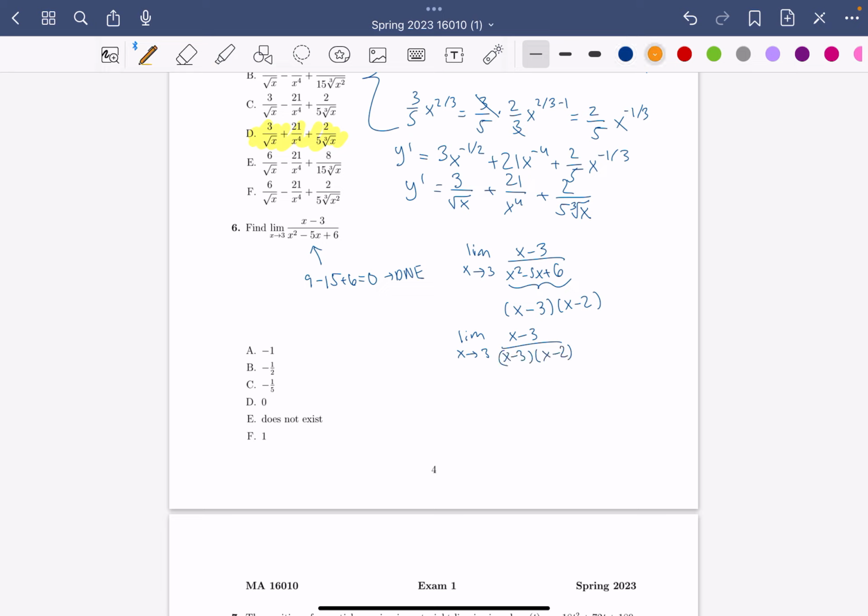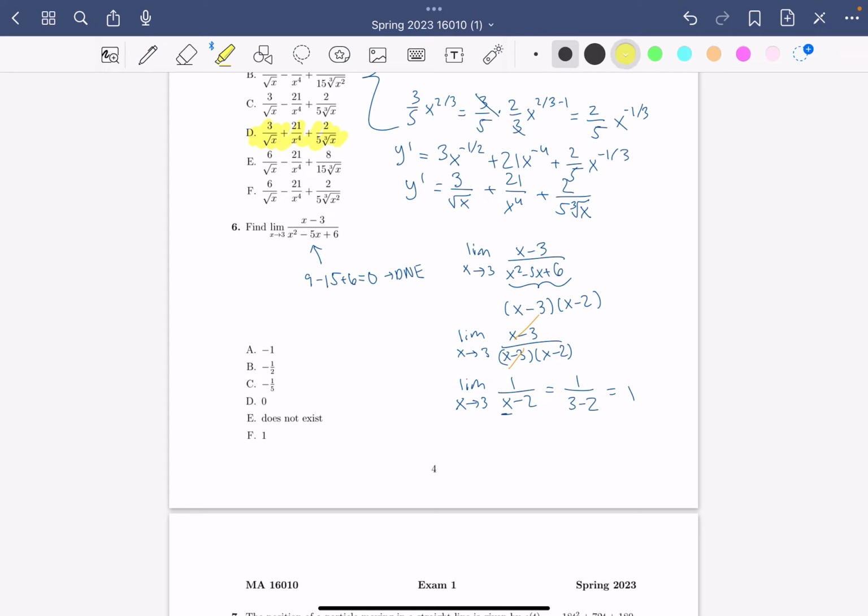We can see that the numerator and denominator cancel. So we are left with the limit as x approaches 3 of 1/(x - 2). Now, if we were to plug in 3 for this x, we wouldn't have 0, which is good. We don't want to be finding the limit of something that doesn't exist. So now that we plug in 3, it would be 1 over 3 minus 2, or 1, which is F.